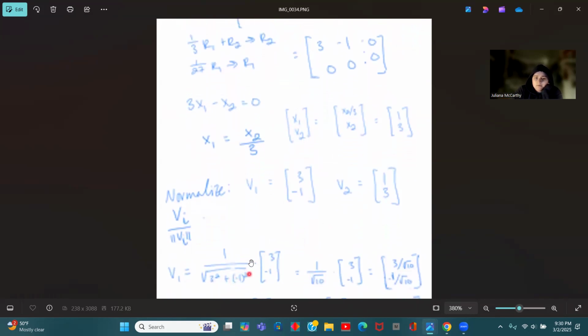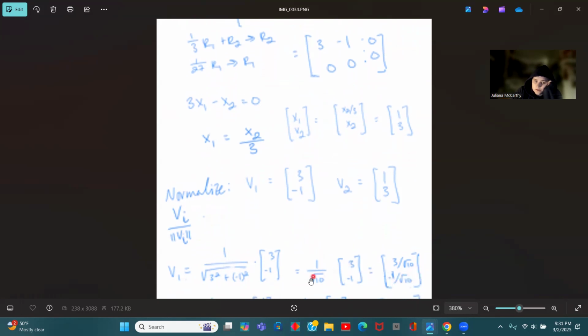Starting with our first vector, we have 1 over the square root of 3 squared plus negative 1 squared times that vector. So this becomes 1 over square root of 10 times (3, -1). So we get 3 divided by square root of 10, negative 1 divided by square root of 10. So that's our first orthonormal eigenvector.